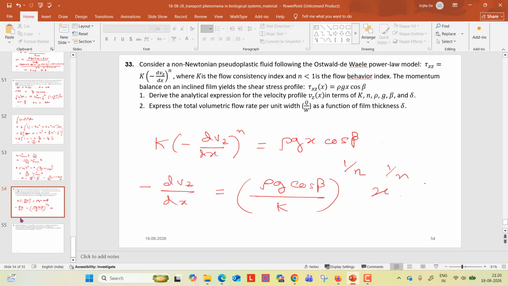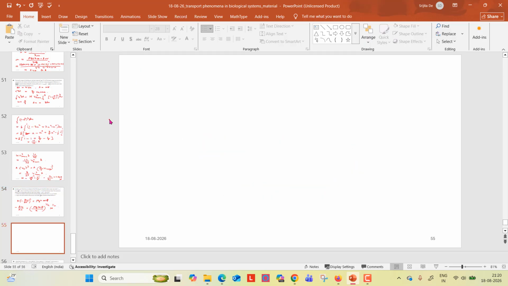Now if you integrate, what will come? So it will be Vz equals minus rho g cos beta by K whole to the power 1 by n into x to the power 1 by n dx.